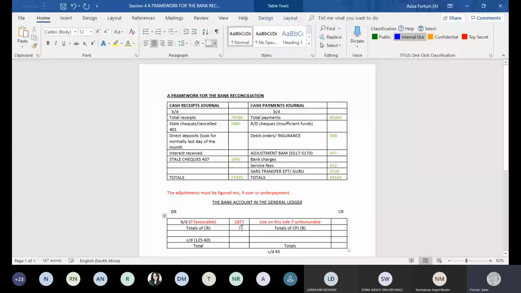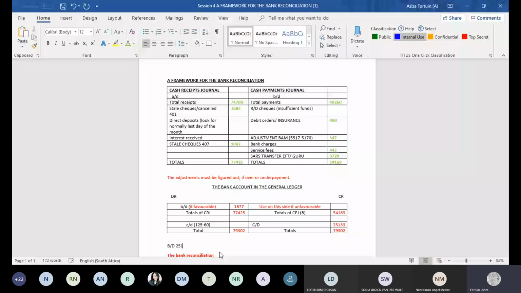This side, my debit side, is obviously higher. It's 79,302. So like we always close off our ledger accounts, we go 79,302 minus 54,169, which is a carry down value of 25,133. On the next day of the month, it will be a balance brought down of 25,133.